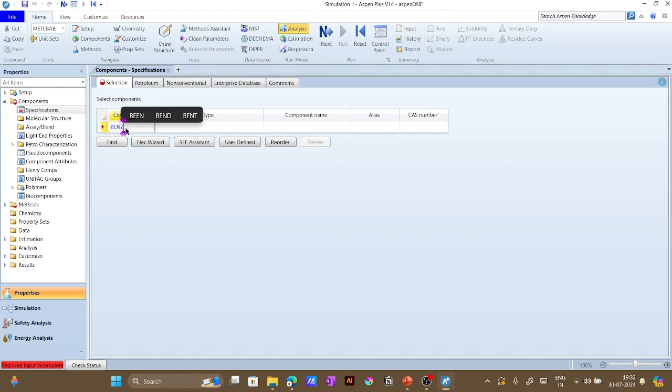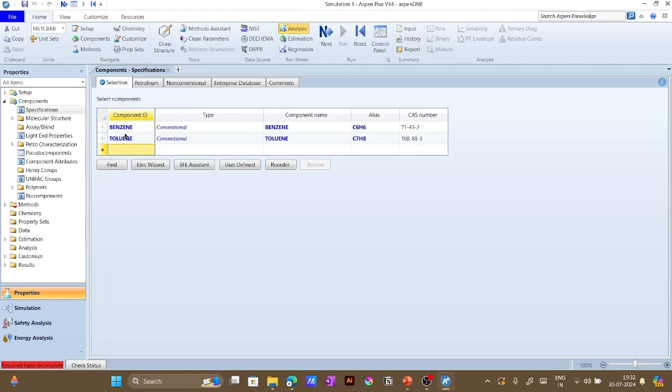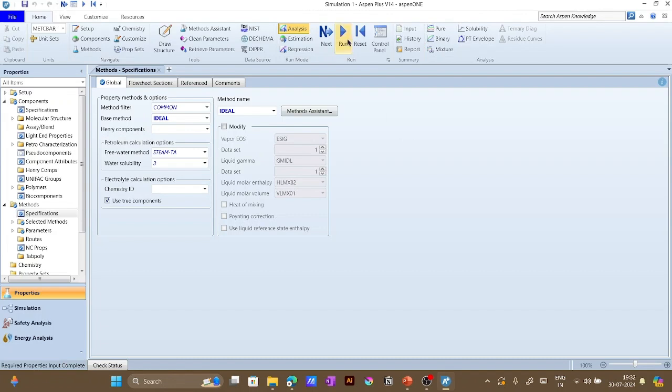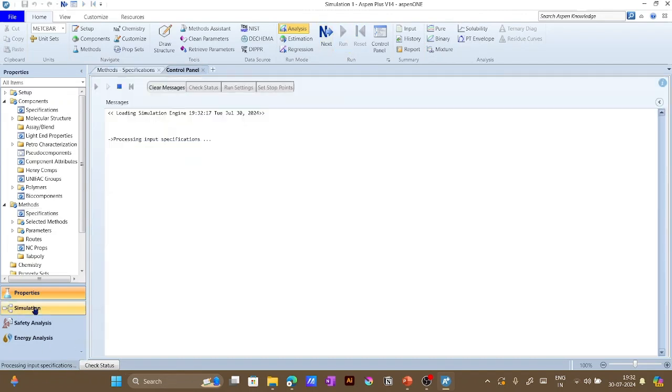We add some properties. Okay, we have added the properties. Let me quickly change to the ideal condition. Next. Very good.